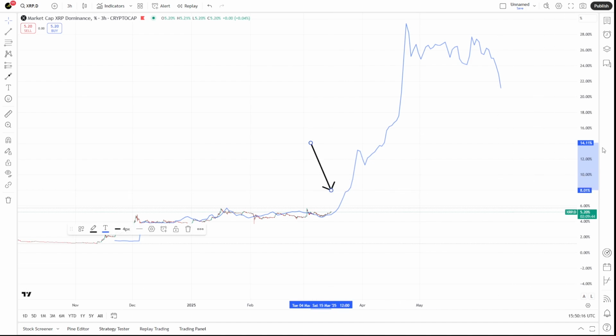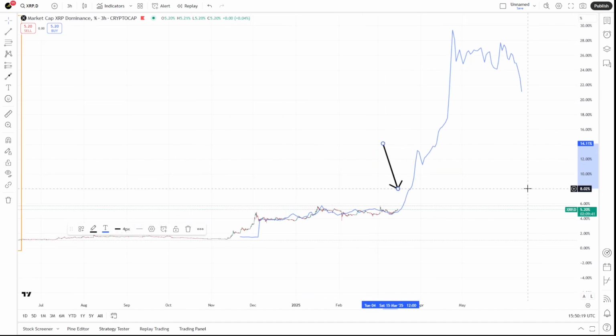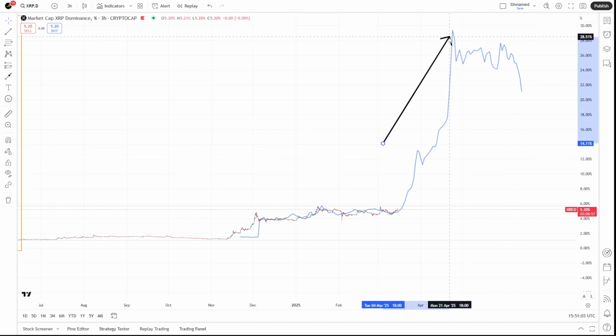So, folks, to me, this is probably one of the best fractals out there. It's funny that the XRP dominance has the best fractal pointing to what XRP, the XRP USD chart, is doing. Historically, on these moves up before it kind of starts the winding down part, it's gone up to like 20, 30%.